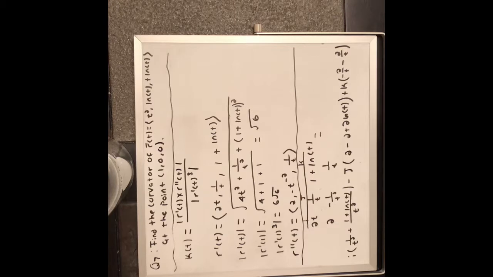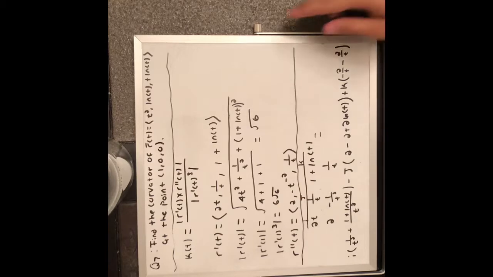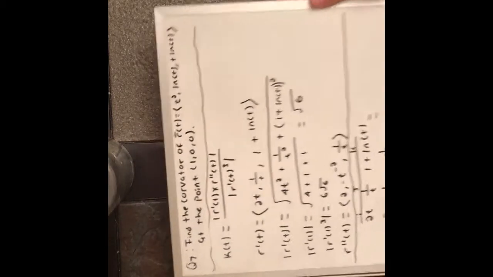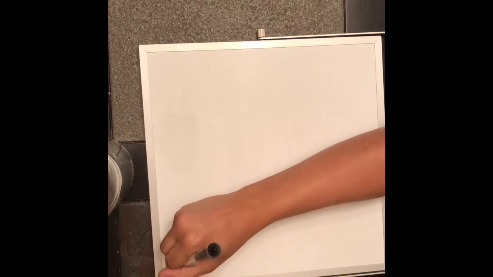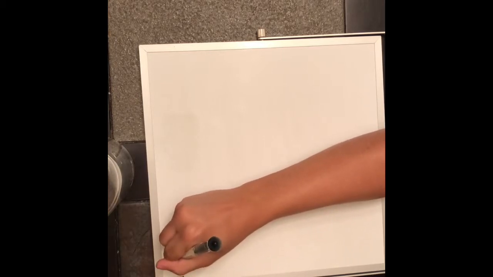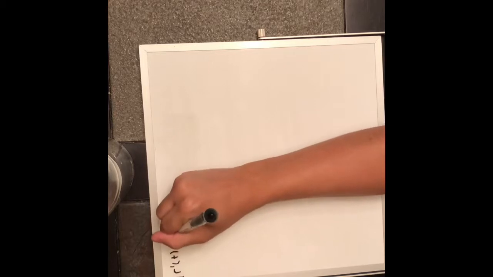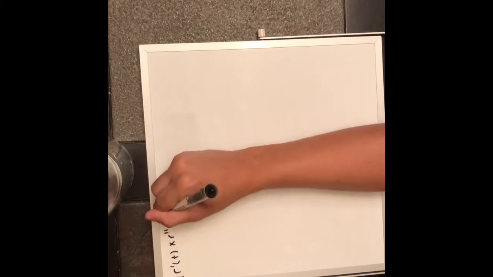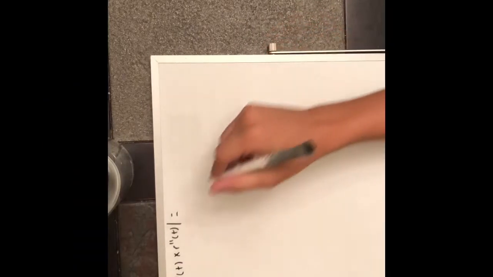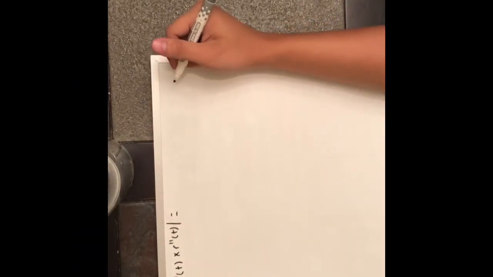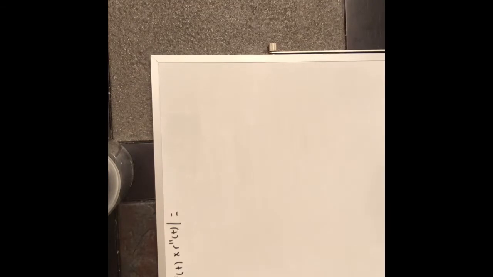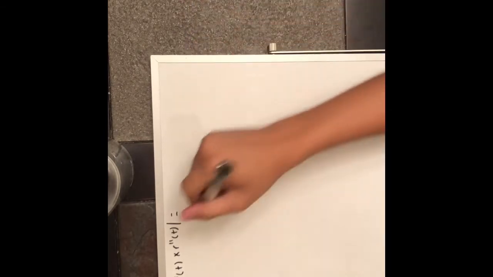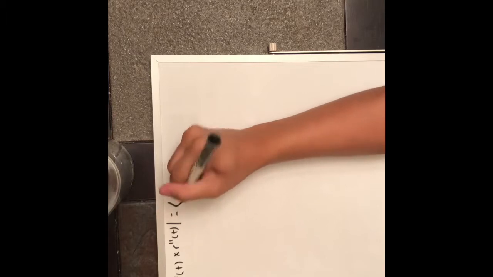From this, I will make more room. Actually, I will continue on the back here. So you recall, we were doing r prime of t cross r double prime of t. Well, now let's continue back here.